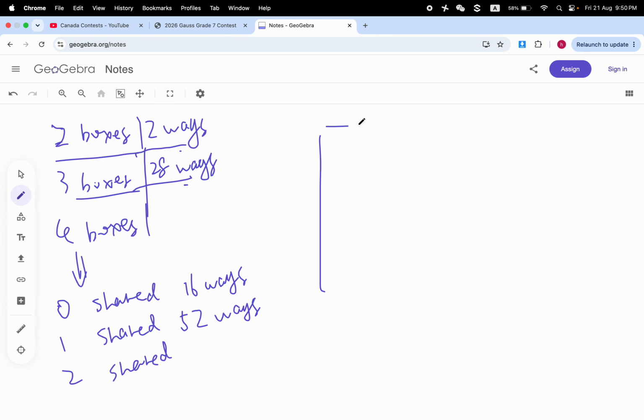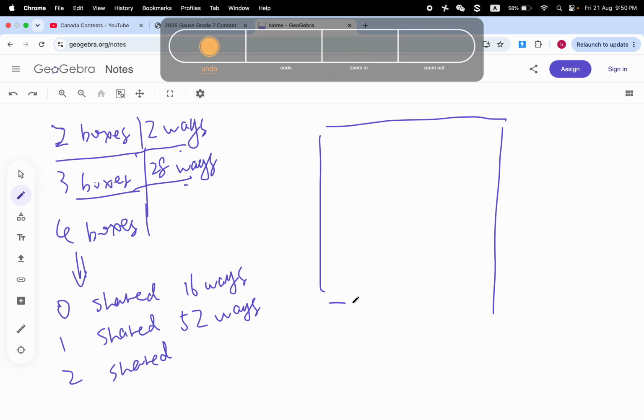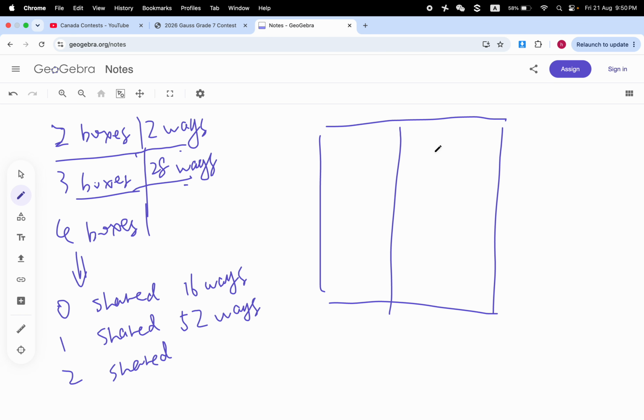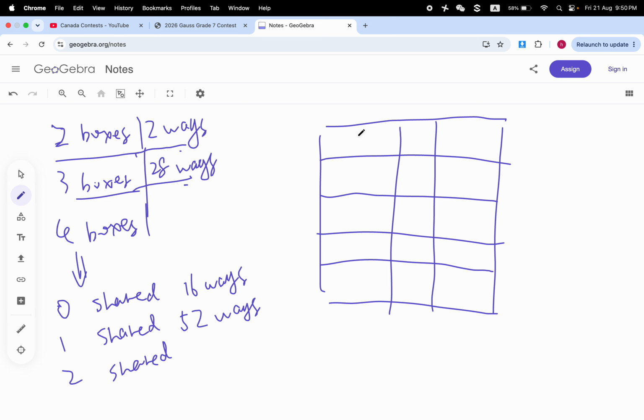You got 2 shared boxes. B, C, D. Okay, let's say this direction later is going to be multiplied by 2. Okay. So these 2 are shared boxes and everything is now covered.